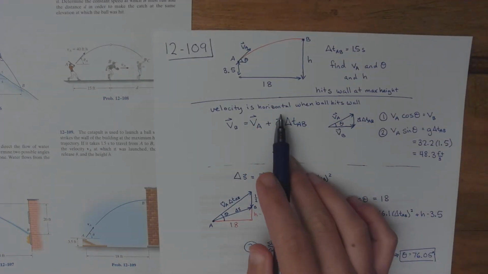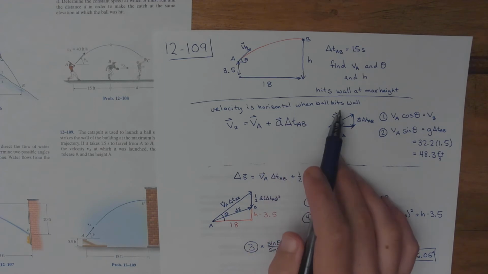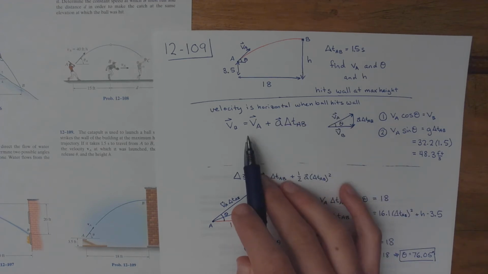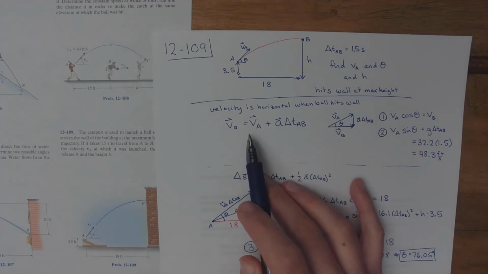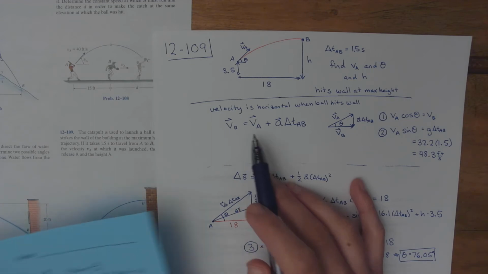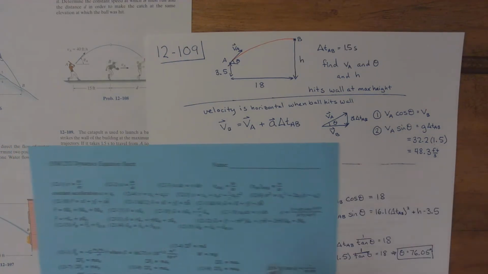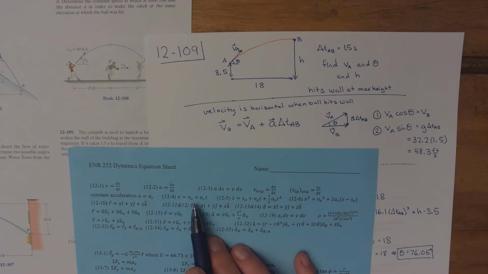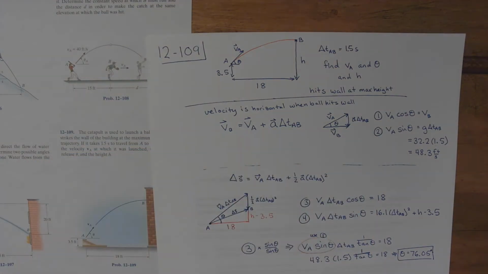And we're going to use the fact that the velocity is horizontal when the ball hits the wall, and this equation, which we don't use that much because ordinarily we only need it when we are looking for the final velocity. So that's similar to equation 12.4. In this problem, we're not looking for the final velocity, but we need to use the information they gave us about the ball hitting the wall when it's at the maximum height of its trajectory.